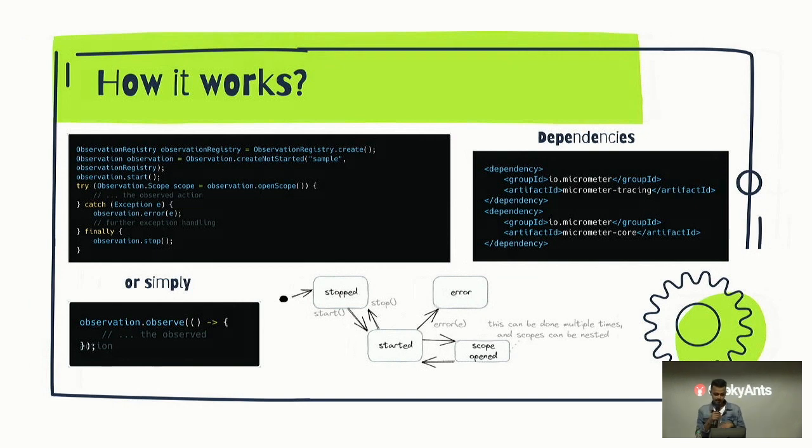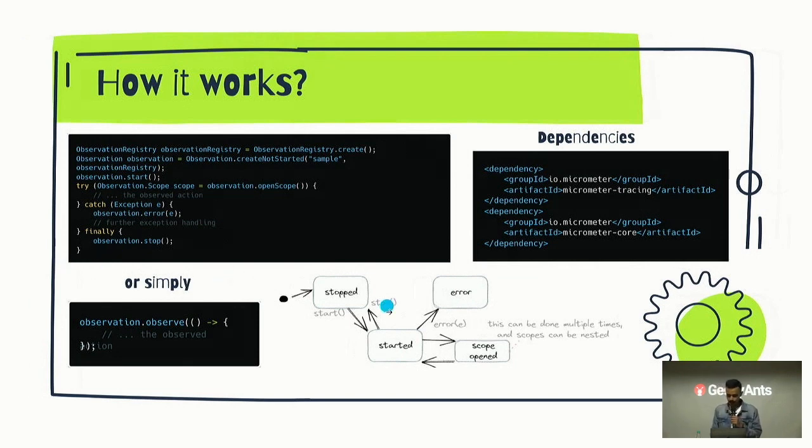You start the observation by calling the start method. There are two ways to write the code you want to observe. The top one uses try, catch, and finally, or you can simply use the observe method with lambda functions.